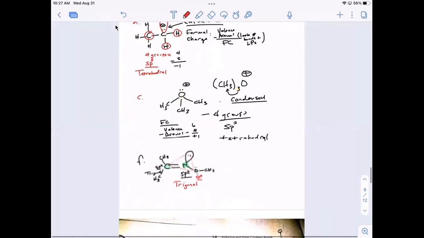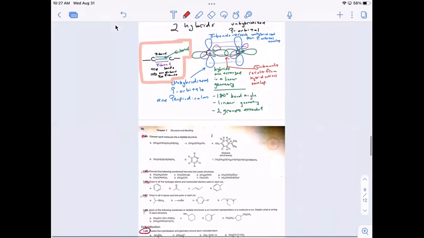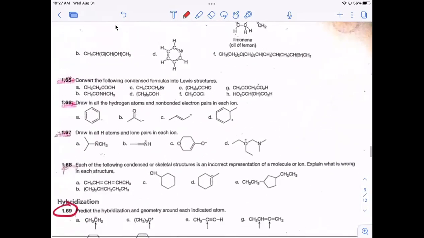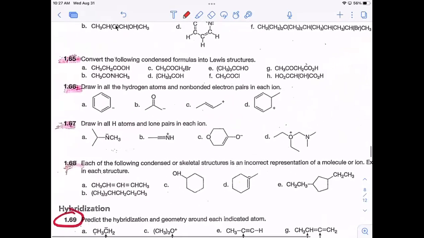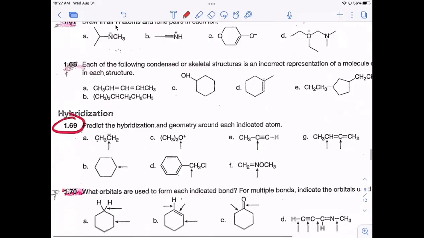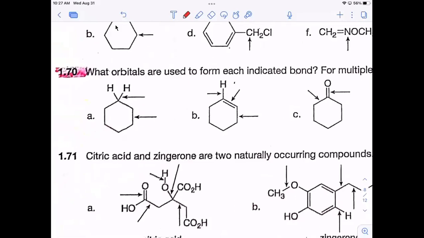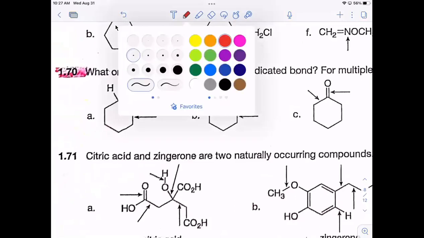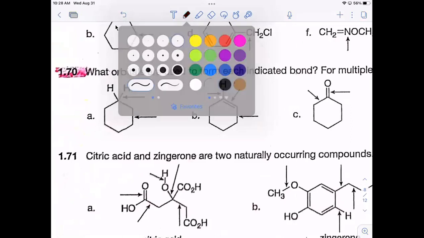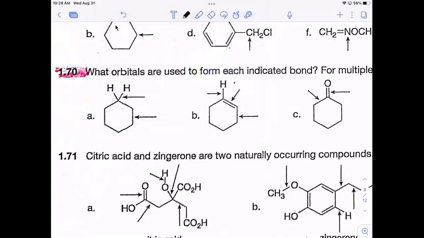This is good. All right, let's go back to the next example. Yes, we started on this example right here. We said that here, this was sp3, sp3 overlap.